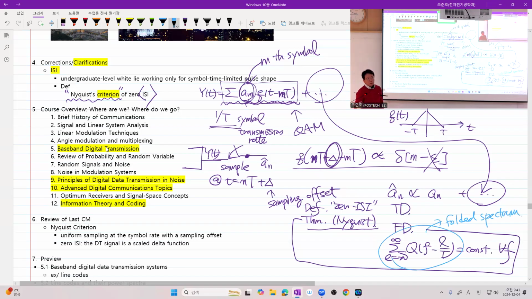And here, offset equals 0. Okay? So if you introduce some offset, and given that sampling offset, if you want Q of t to satisfy Nyquist's criterion in the time domain, then you need to introduce a linear phase shift, as you learned in synchronization systems.